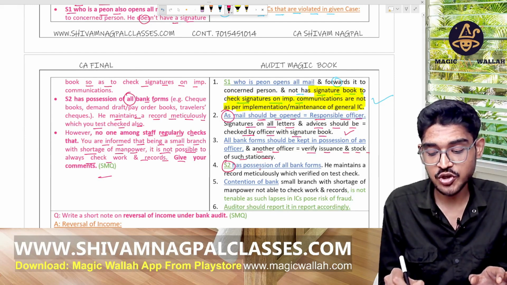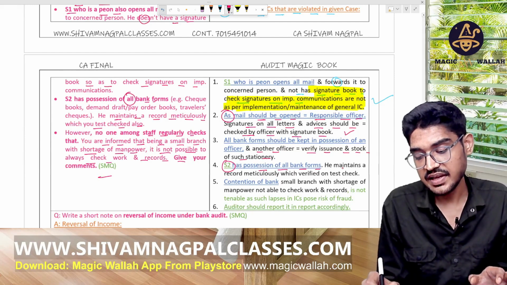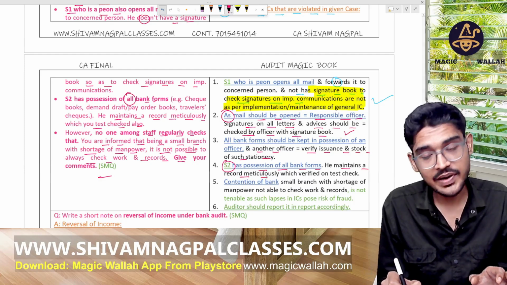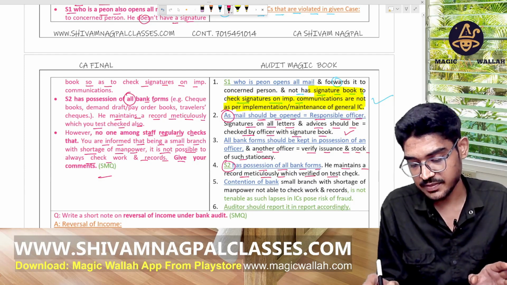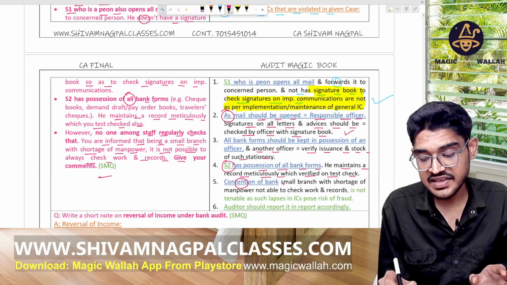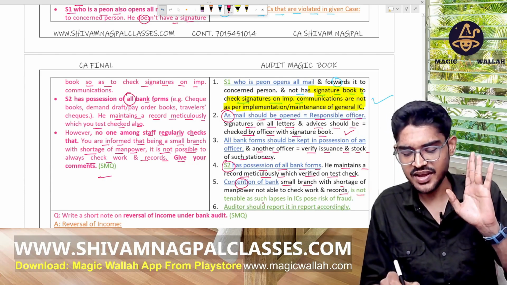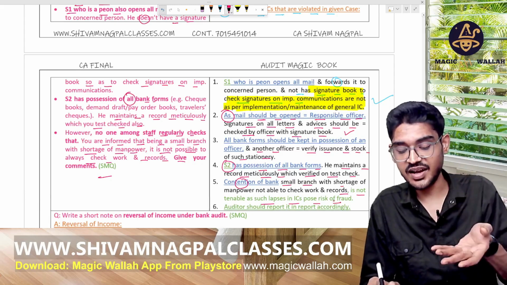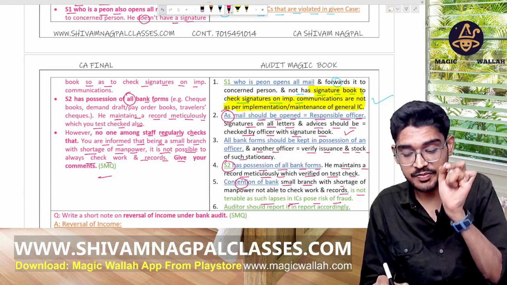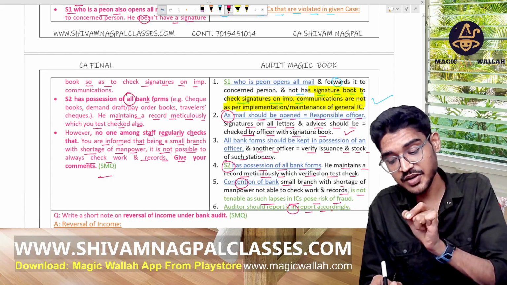And S2 has possession of all the bank forms. He maintains a record, not properly you can say, which is verified on a test check basis. The contention of the bank that the small branch has shortage of manpower is not proper. Okay, there is a high risk in not maintaining the controls. So the auditor should report properly in his report.